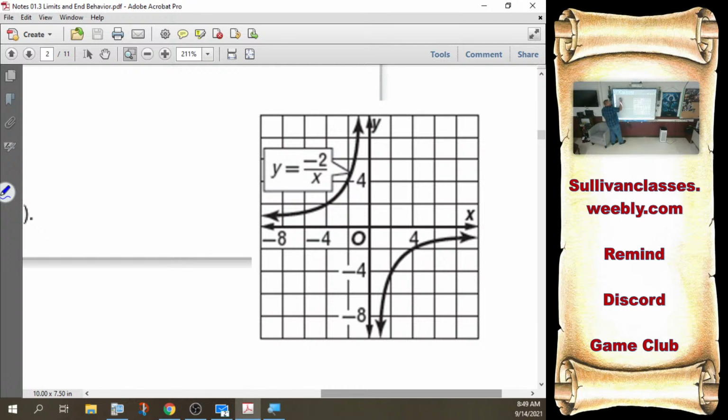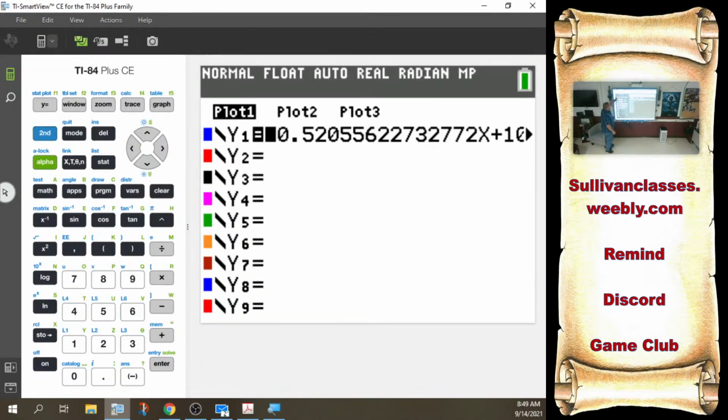If I ask, is f of x continuous at, if I say, is it continuous at x equals 2? I'm going to grab my calculatron.